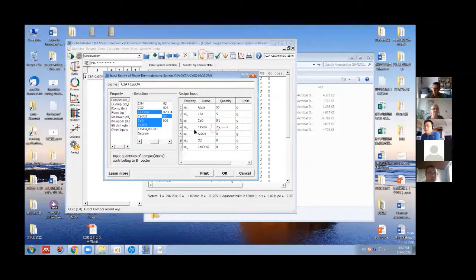No, calcium oxide. It was calcium oxide. This calcium oxide should be 2.5. Yes. And oxygen should be 0.2, the last one. 0.1. No. Aluminium is 0. Yes, and O2 is 0.1.